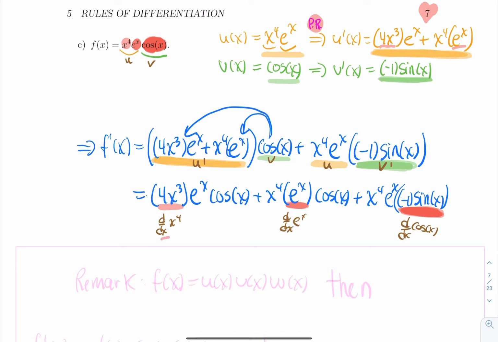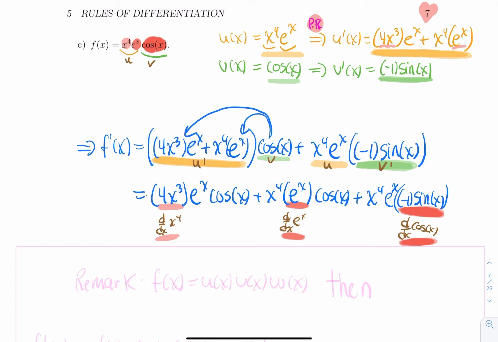When I look at the second term, I have x^4 e^x cos of x, which looks like the exact same thing as the original term, but really the e^x became e^x because it is its derivative. And the last term is x^4 e^x times minus sine of x. And when you compare with f, it's the exact same thing, except the cosine became minus sine of x.